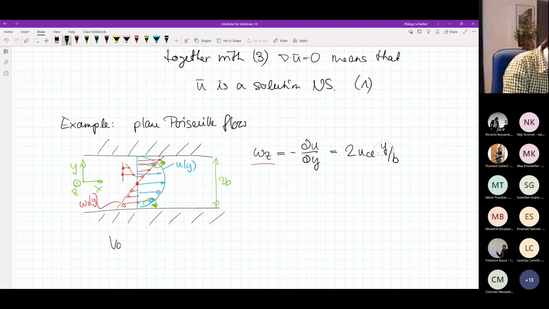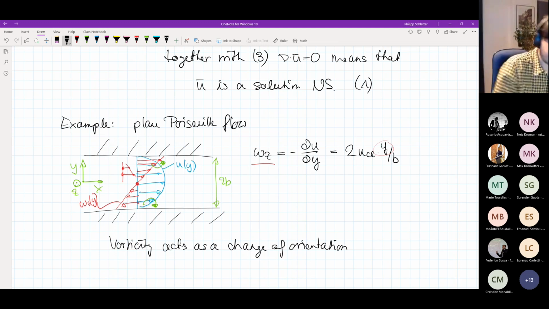So we can say that the vorticity acts as a change of orientation of a fluid particle or of fluid particles.